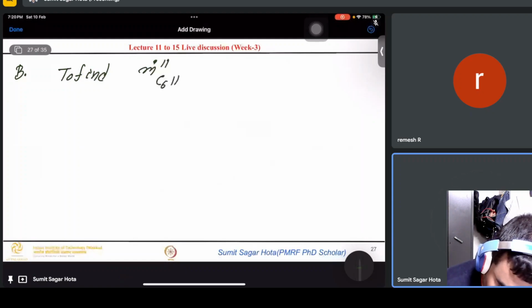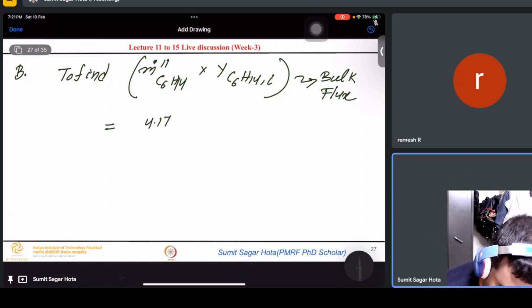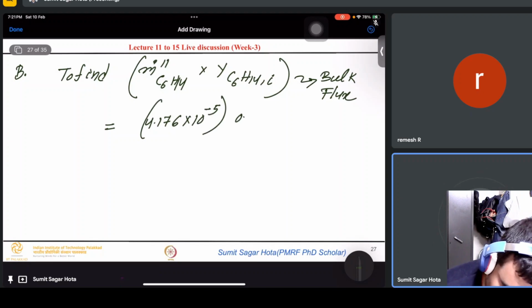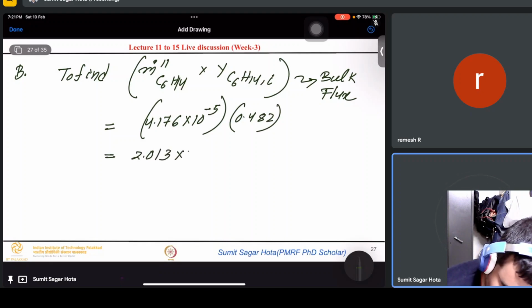This is the formula. So bulk flux is 4.176 into 10 to the power minus 5 into 0.482, which is 2.013 into 10 to the power minus 5 kg per second meter square.